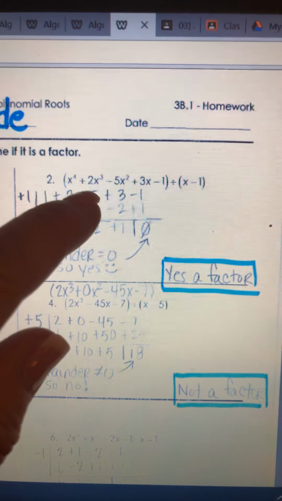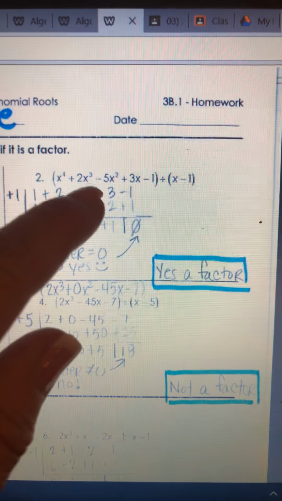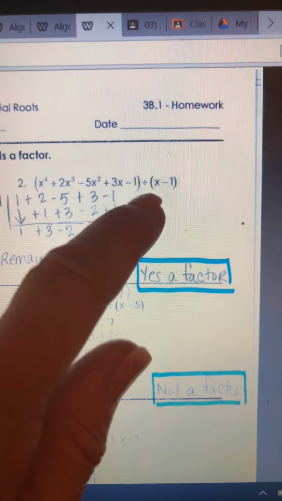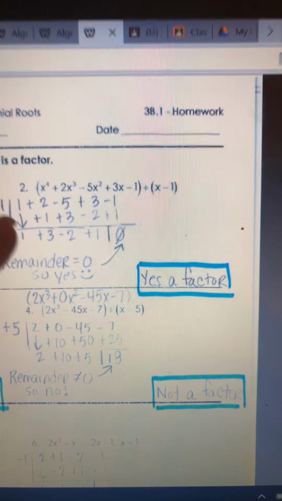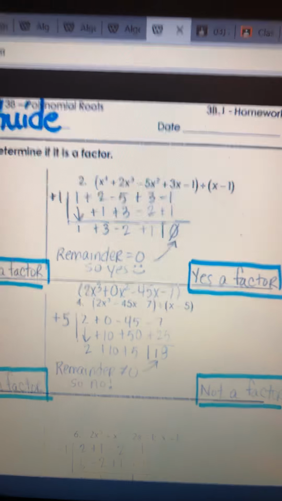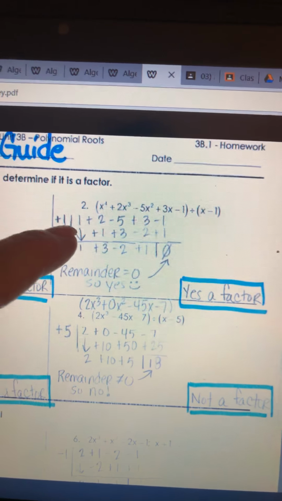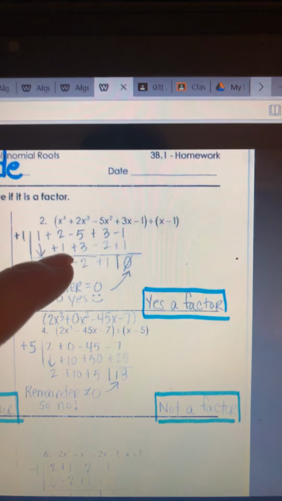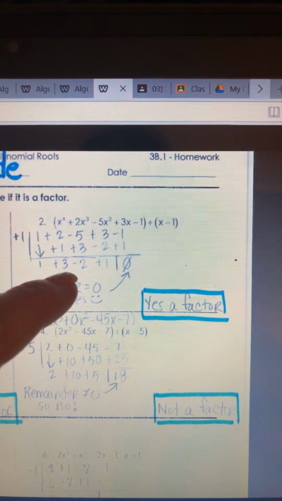Then you're going to take your coefficients of x to the 4th, 2x cubed, -5x squared, 3x and -1, and line them up here. We're going to bring that one down, and then you will multiply this one times this one and put it here under the 2.